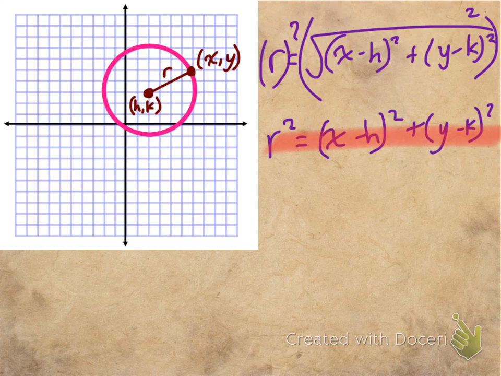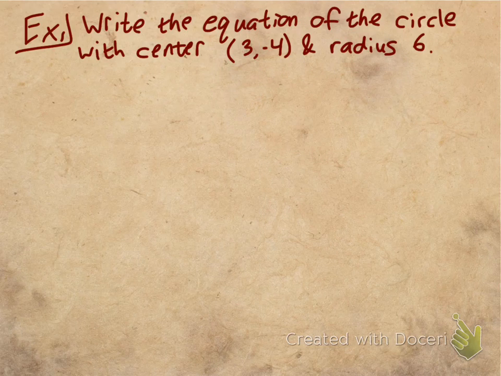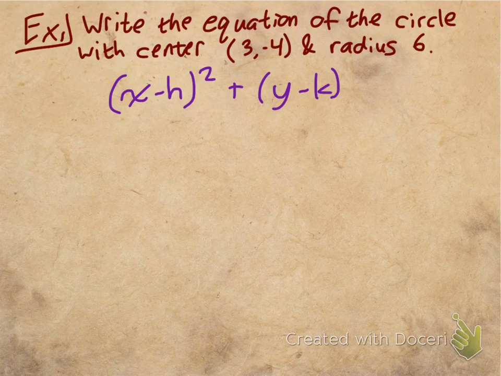Now, how do we use that? Why is that important? They may ask you to write the equation of a circle with center at (3, -4) and a radius of 6. So again, I'm going to write the general equation, which is (x - h)² + (y - k)² = r².